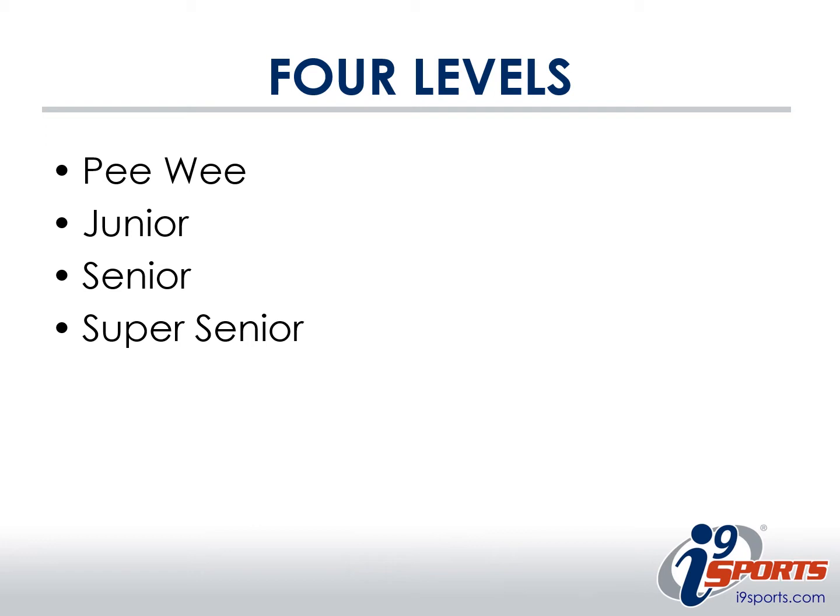The biggest one that you will find is the Pee Wees. They have a few more rules. Once you get down to the juniors, seniors, and super seniors, they're very similar and almost identical, except for things like quarterback rushing numbers. But for the most part, Pee Wee is the one with the most modifications.